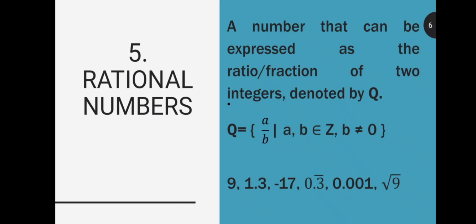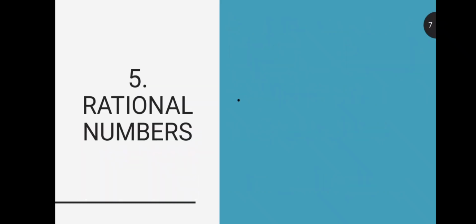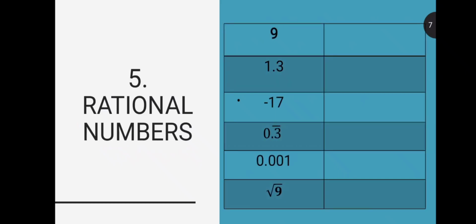And let's take a look at these examples as to why they are rational numbers. Remember that fractions are a type of ratio. So rational numbers are any numbers that may be expressed or written as a fraction. So we have here the whole number 9. This could also be written as 9/1 in fraction. The decimal 1.3 can also be written as 13/10.